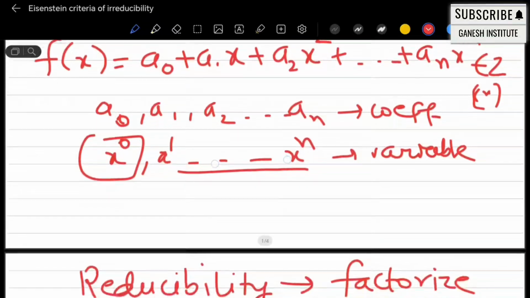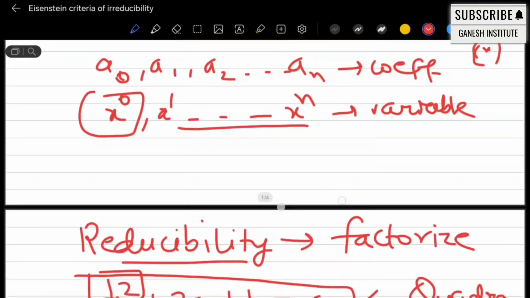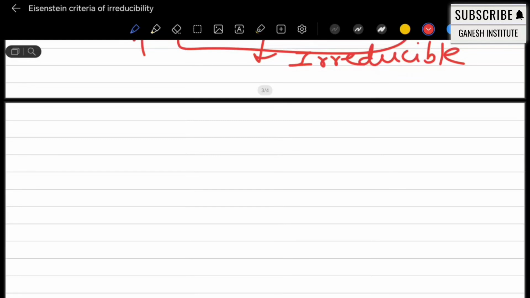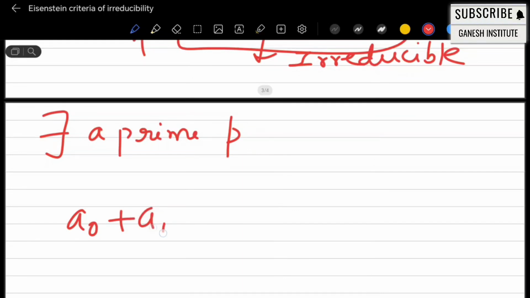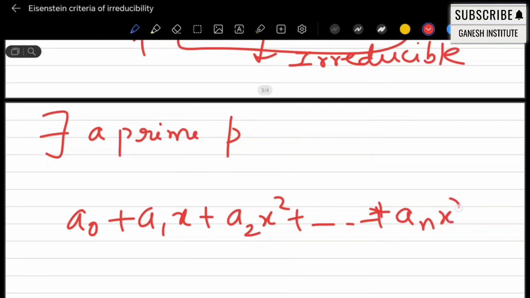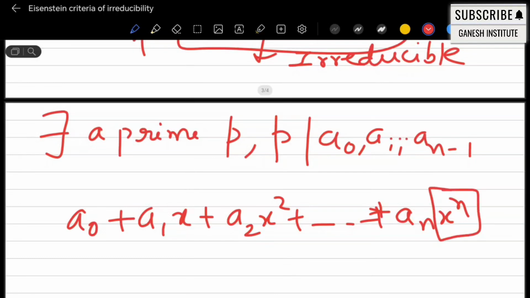So Eisenstein's criteria states that if you have an expression and there exists a prime number, let's say p for a general solution, for that particular expression a0, a1x, a2x square, a3x cube up to so on, plus an xn, then this p should satisfy that it divides all the coefficients except the one with the highest degree.